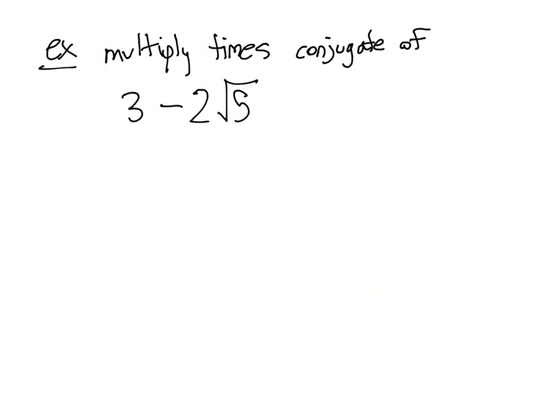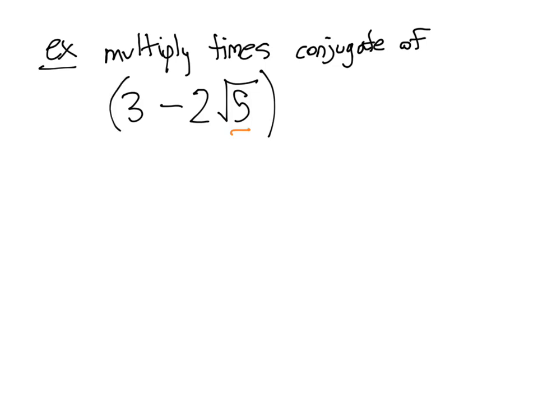So let's see this technique one more time, and we're going to cause this radical to cancel out by multiplying times the conjugate. So the conjugate means we'll keep the first term the same, but we're going to switch the sign of the second term and multiply times those two terms.